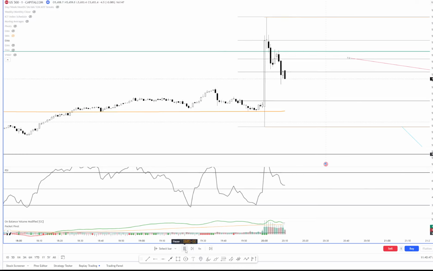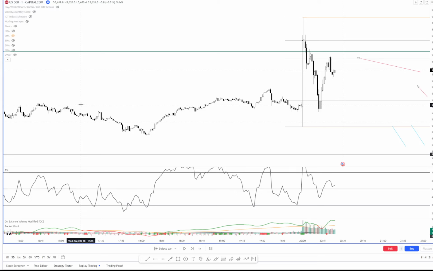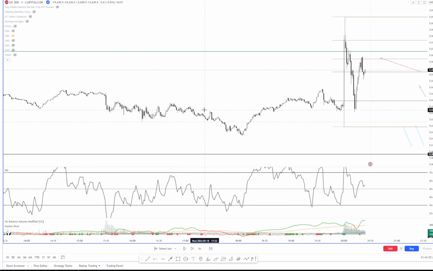Unless, I mean, you could have marked another level here for sure. Like this is a pretty obvious thing, but it's not within this system. So let's continue. So maybe we're going up all the way to it. Nope.